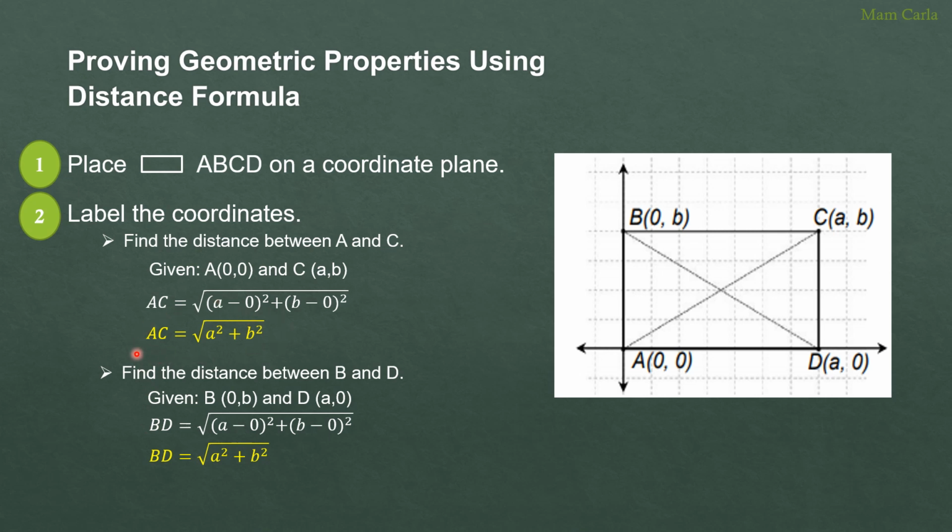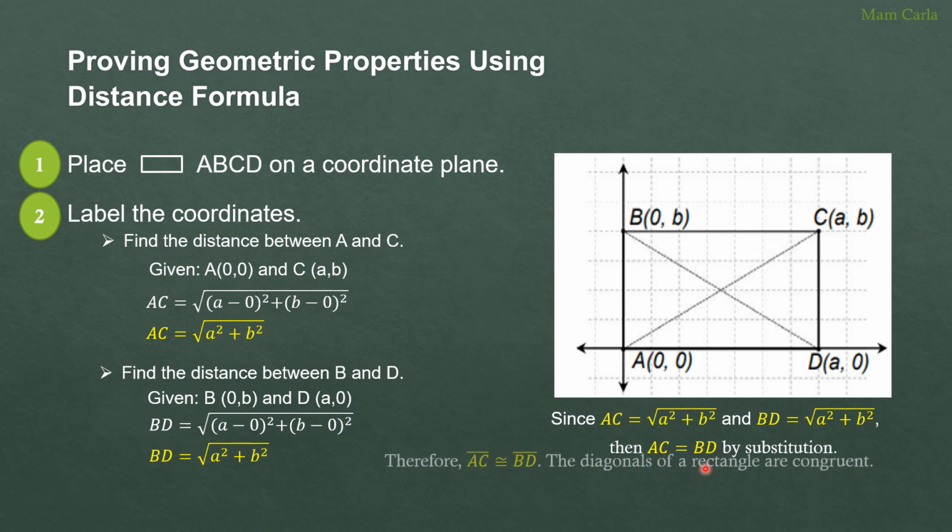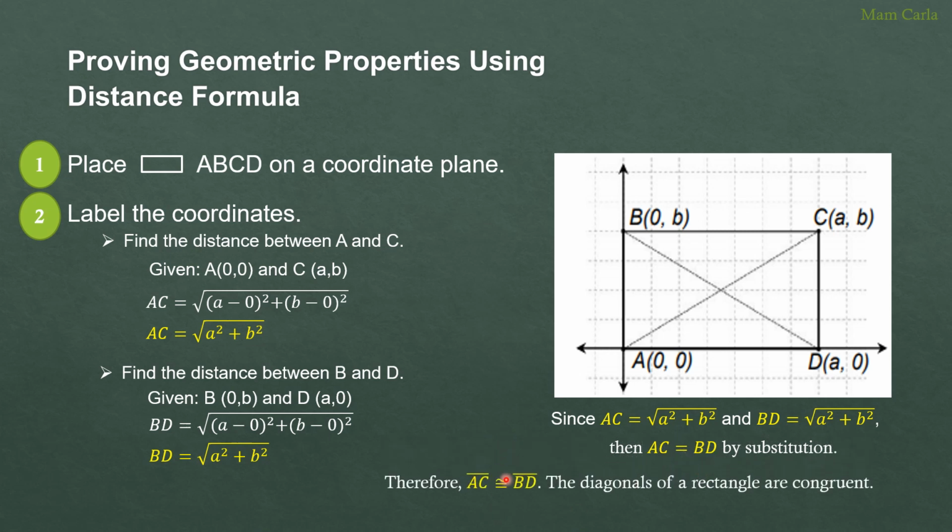Both AC and BD are equal to the square root of a squared plus b squared. Since AC is equal to the square root of a squared plus b squared, the same is true with BD. We can then say, by substitution, that AC is equal to BD. Therefore, line segments AC and BD are congruent to each other. So therefore, the diagonals of a rectangle are congruent.